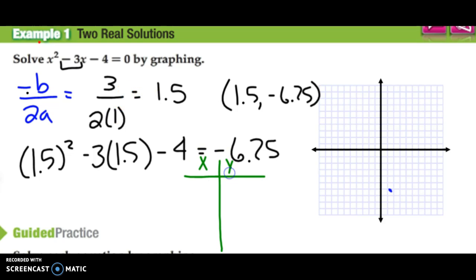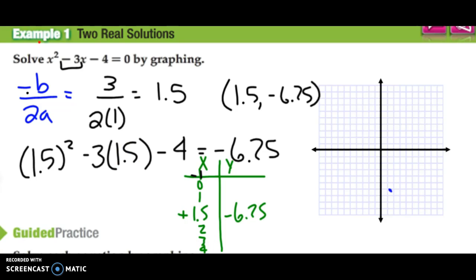Okay, so x and y. Now we said we wanted that positive 1.5 right in the middle. -6.25 is my vertex, and so I'm going to pick, we'll say 3 values above it and 3 values below it. So that would be 1, 0, -1, and then we'd also have 2, 3, 4.